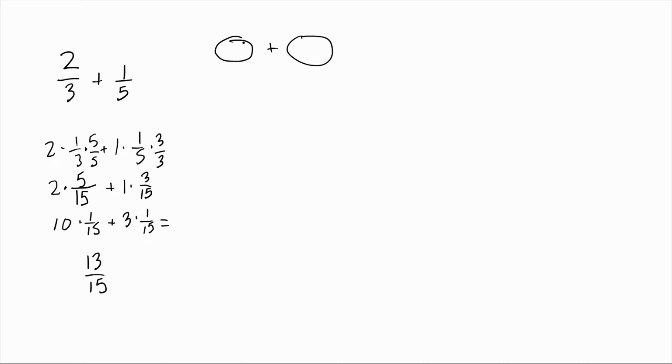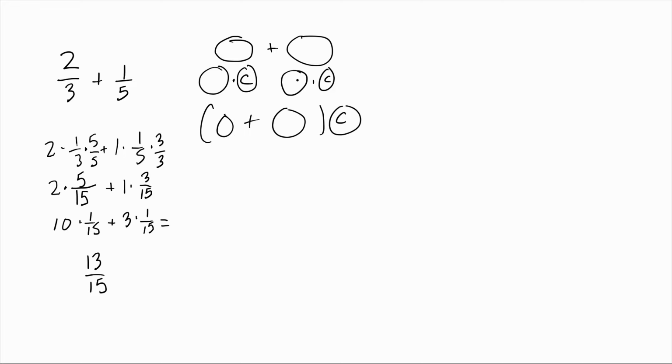If you can find something common in this term times something else, and something common in this term times something else, and this is the common thing, then you could just factor the common thing out of the sum. And we have those two things added together.